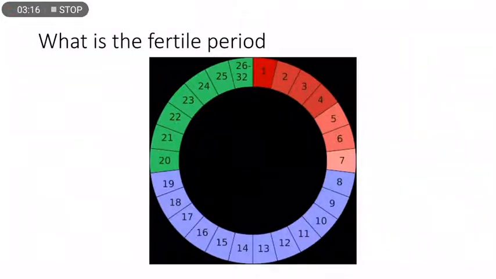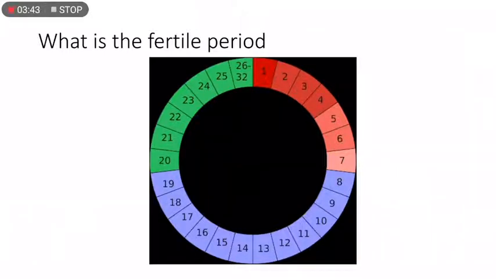A fertile period is given by this 1 to 30 days of a cycle of a woman. So 1 to 5 days she'll have this red color, that's menstruation. Well, let's add 2 more days, so make it 1 to 7 days she is going to be menstruating. Basically, when she is going to menstruate, she will not be fertile.